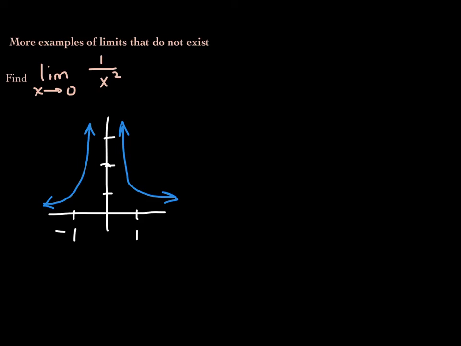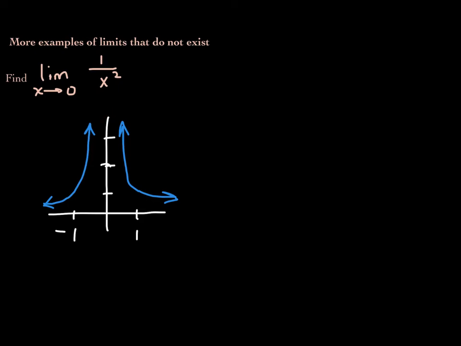There's also a vertical asymptote at x equal to 0. You cannot let x be 0 because then the function would be undefined. So there is a vertical asymptote all along the y-axis right here at x equal to 0. So these branches are getting infinitely close to the y-axis, but they're not allowed to touch it. All right, here we go, folks.